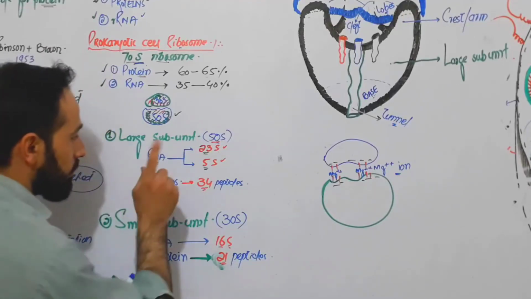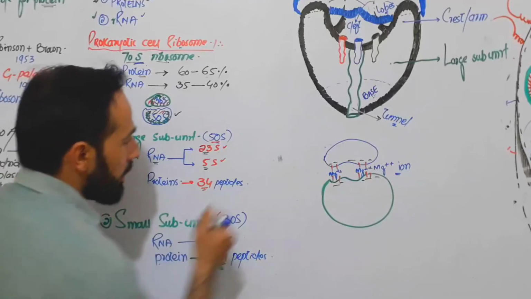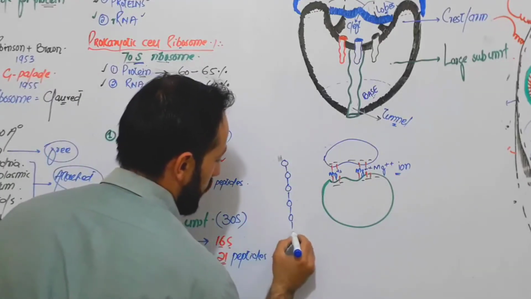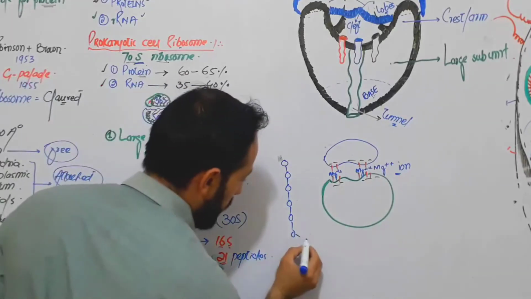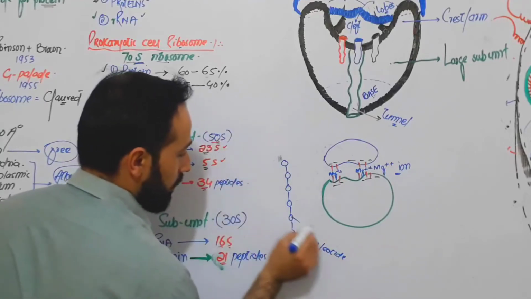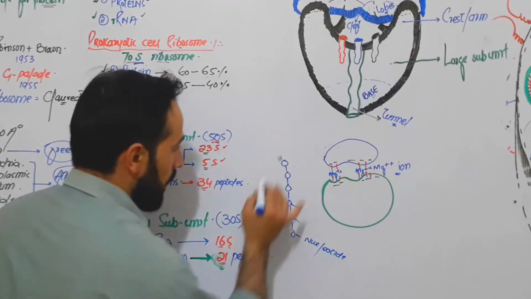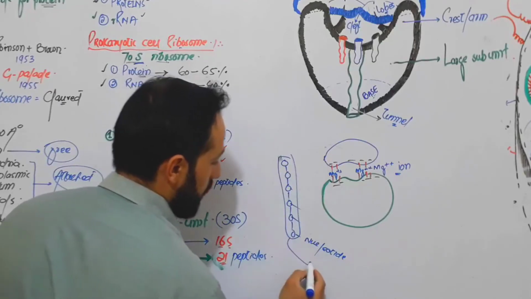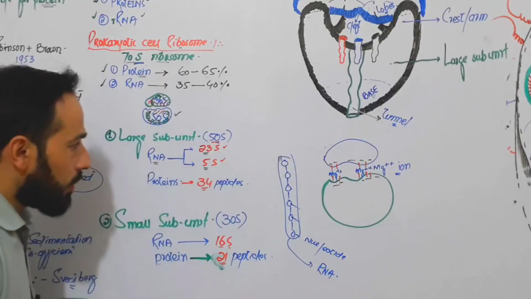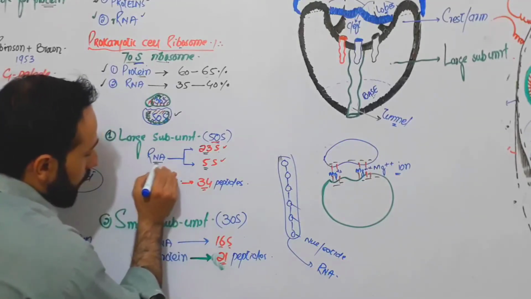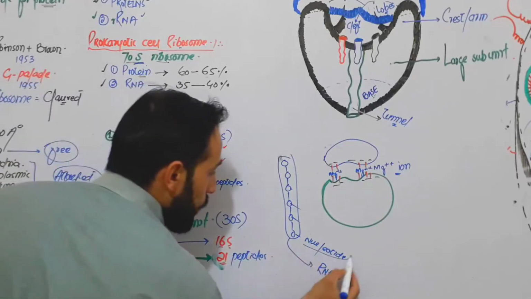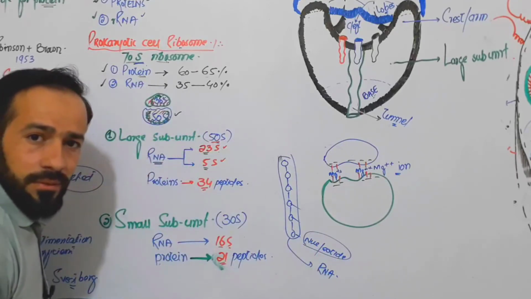Look carefully, friends. You know that RNA is made up of nucleotides. This is a nucleotide. This is also a nucleotide, right? And this is a long chain of them, and this long chain is called RNA. So if you are talking about RNA, you are talking about nucleotides.